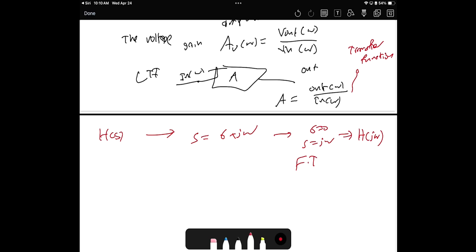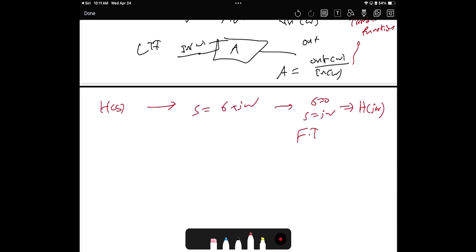Okay? So H of j omega is now a complex number. Since it's a complex number, it will have magnitude and angle.